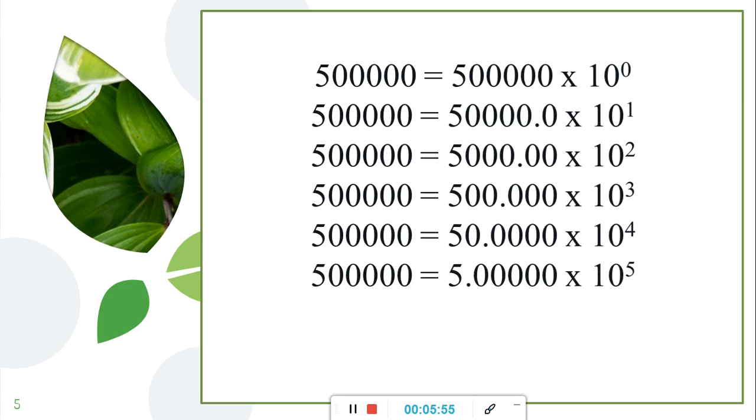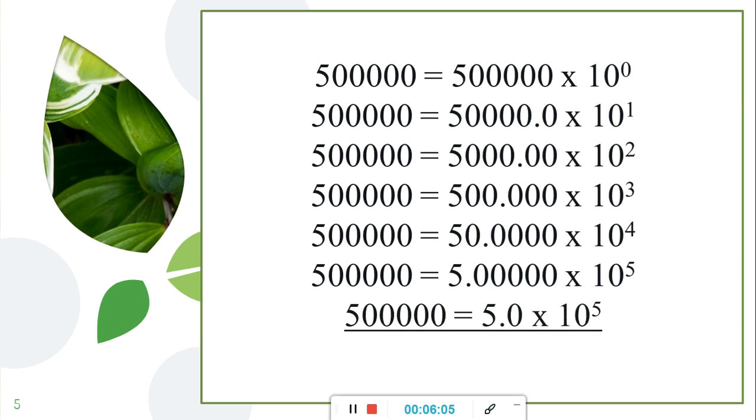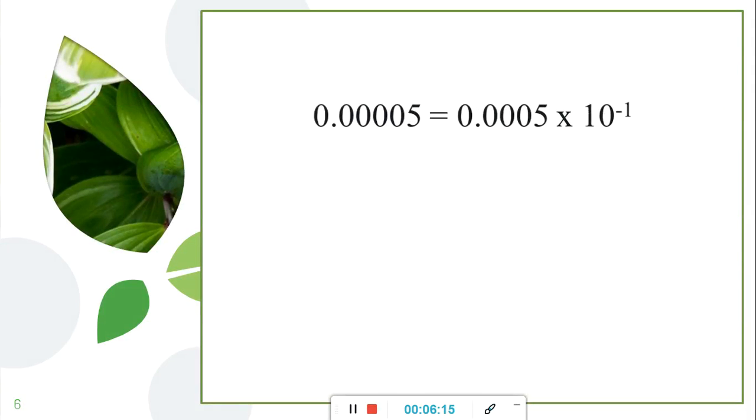And if I move the decimal point by 5 digits, then it will be equal to minus 5. So 0.00005 can be written as 5.0 multiplied by 10 raised to power minus 5, which is its scientific form. In this way, we can write the values in scientific notation.